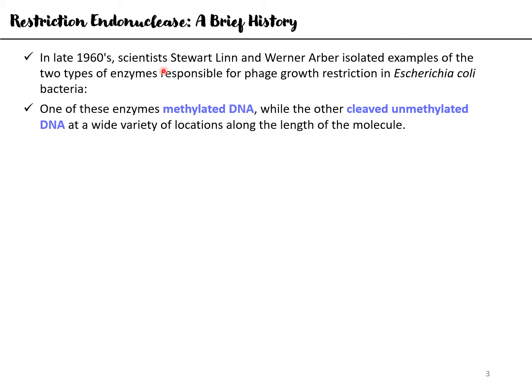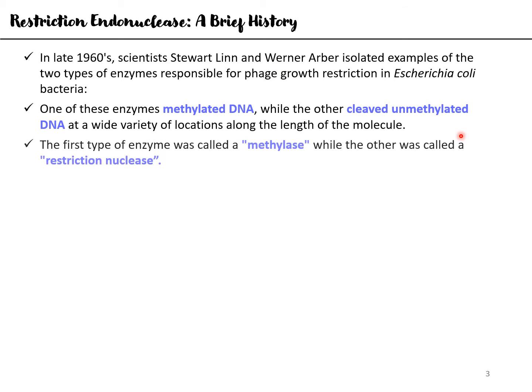So the methylation serves as a protection. The DNA that is methylated would not be cleaved, and unmethylated DNA would be cleaved. The first type of enzyme was called a methylase, while the other was called a restriction nuclease. Why restriction? Because it is restricting the DNA by cleaving it.